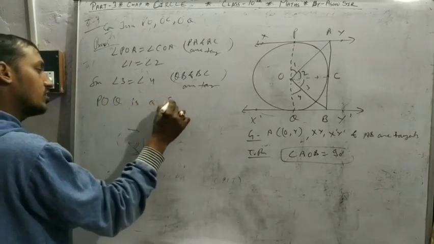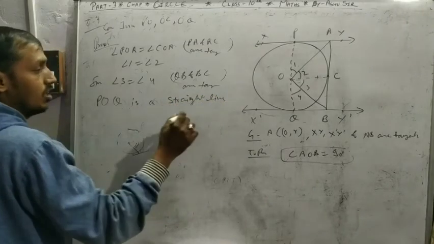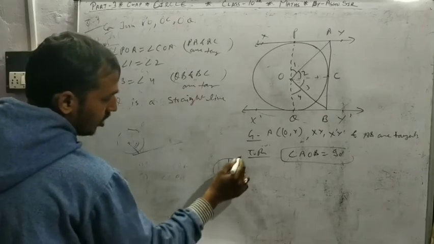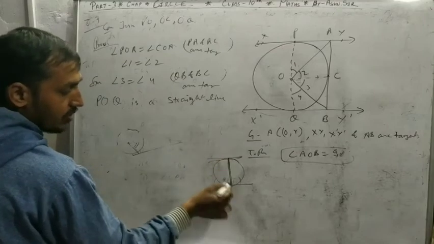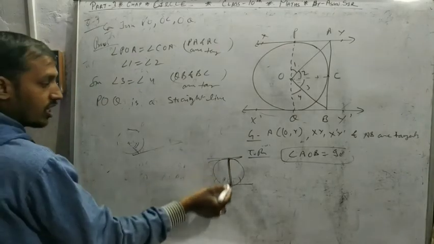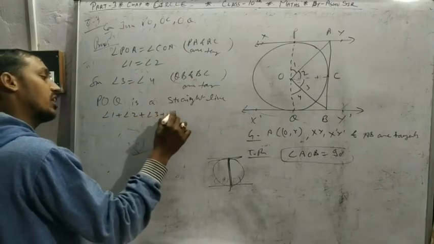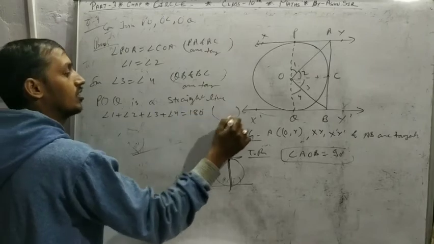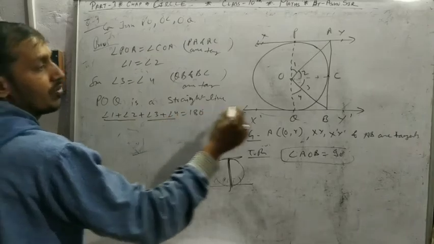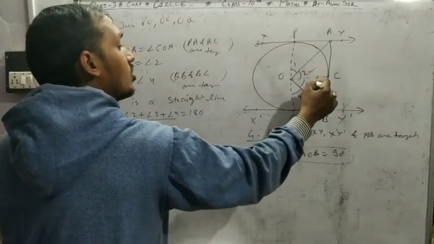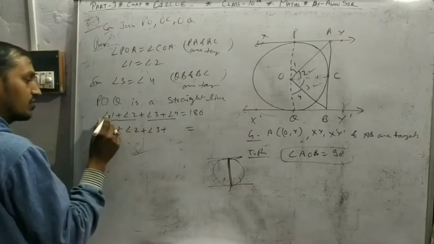POQ is a straight line, because if this is the diameter, then the tangents are parallel. Since this is a straight line, angle 1 plus angle 2 plus angle 3 plus angle 4 equals 180. With 1 equal to 2 and 3 equal to 4, we want AOB, which contains 2 and 3, so we replace 1 and 4.